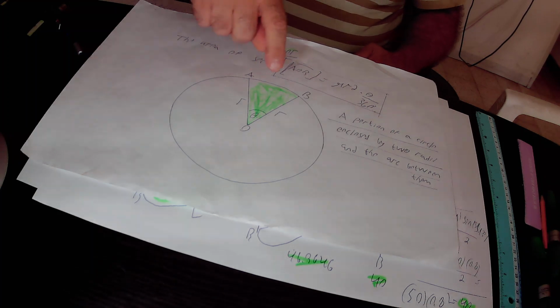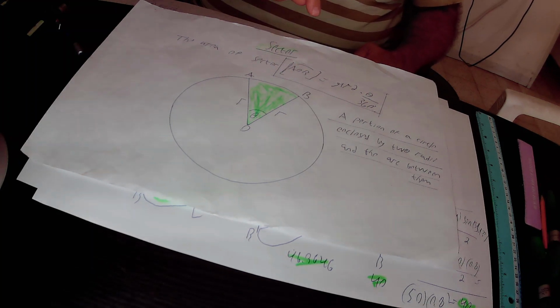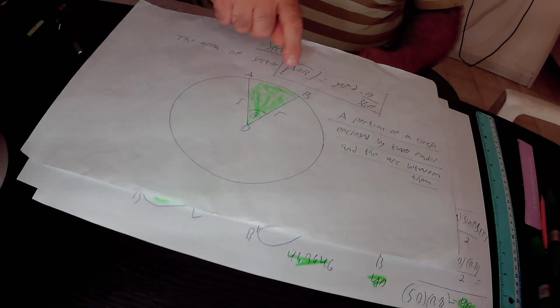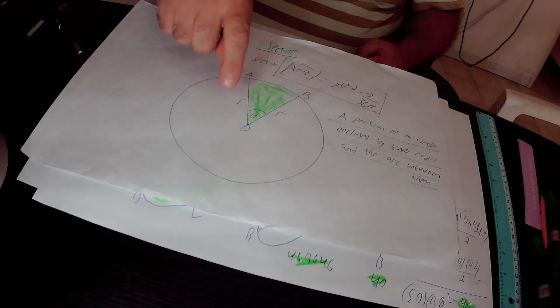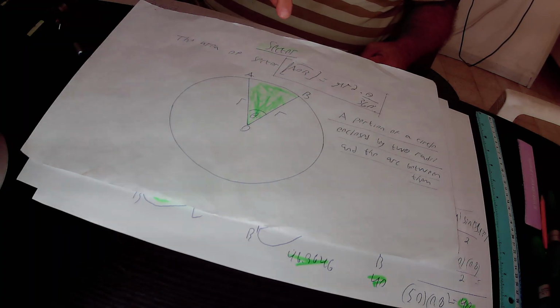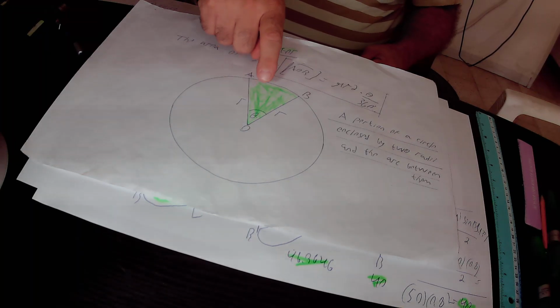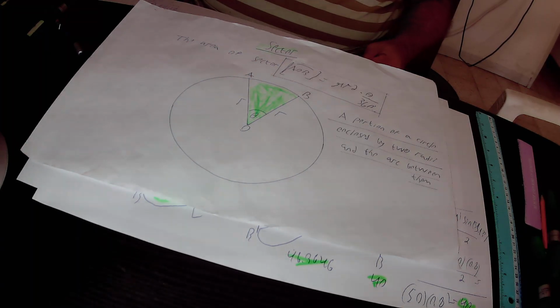The 2 radii are defined as the legs of the sector. Angle theta is the angle between those 2 legs. The area of this sector equals pi r squared, the area of the circle that contains the sector, times the angle between the legs of the sector, theta, over 360 degrees.